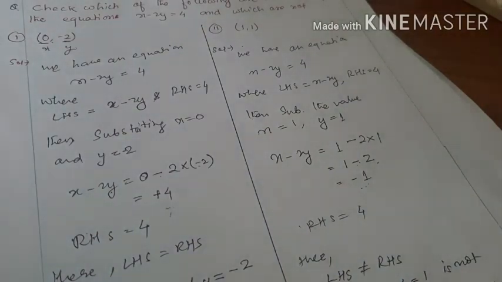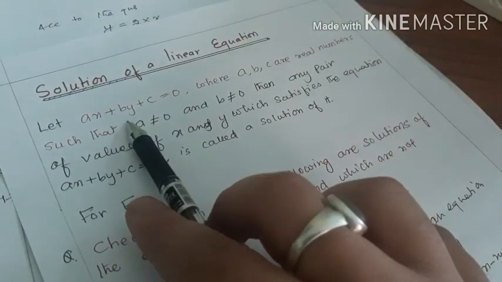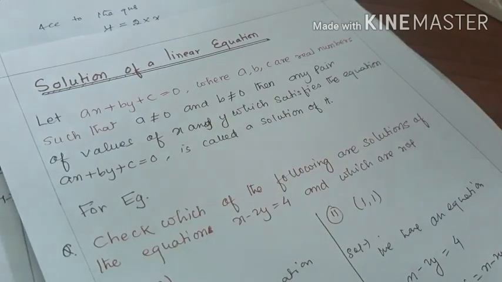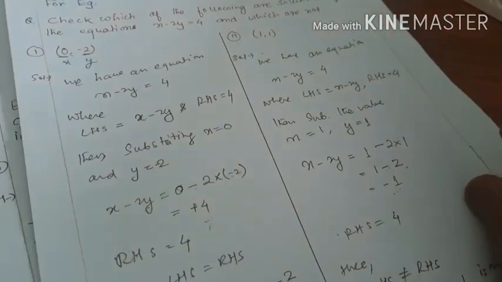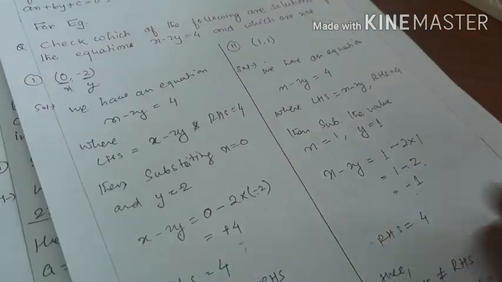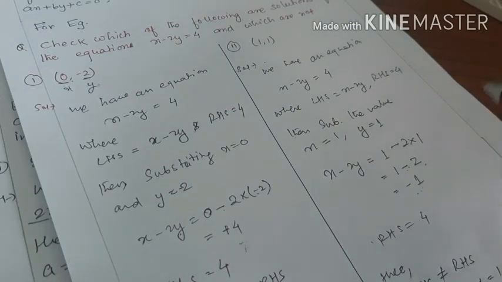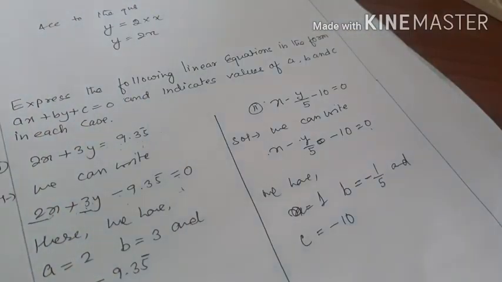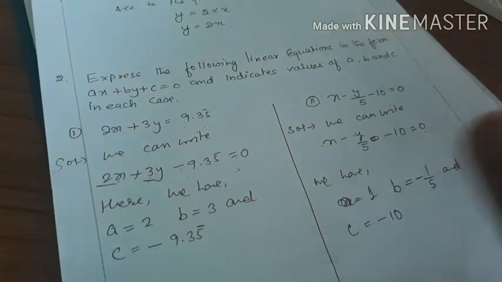The general form of the linear equation in two variables is ax plus by plus c equals 0, and then we try to find the solution for it. In finding the solution, we put the values of x and y. If the left hand side is equal to the right hand side, then we call it a solution.